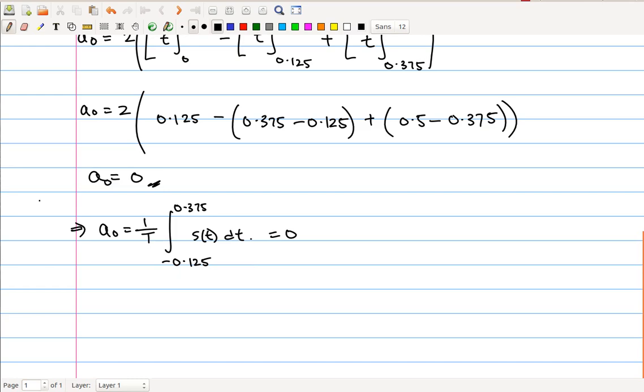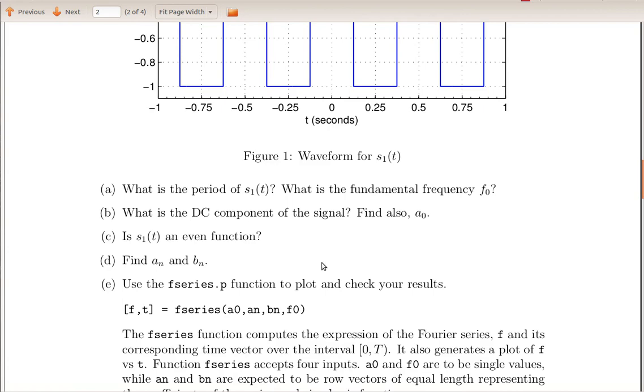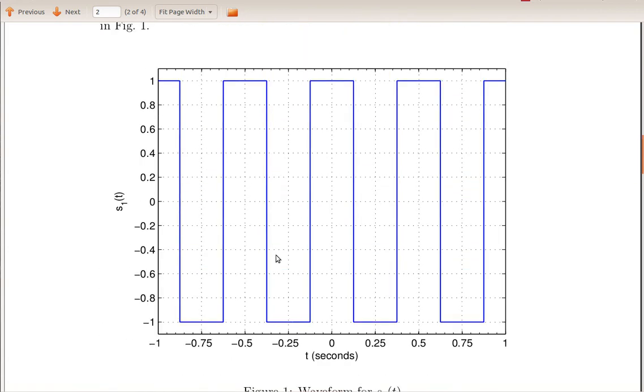Okay, so let's continue. We have here, is s1 of t an even function? Well, even means is it symmetrical about the y-axis? Okay, in this case it is, because whatever's on the right hand side, if you mirror image that, you'll get it on the left hand side.